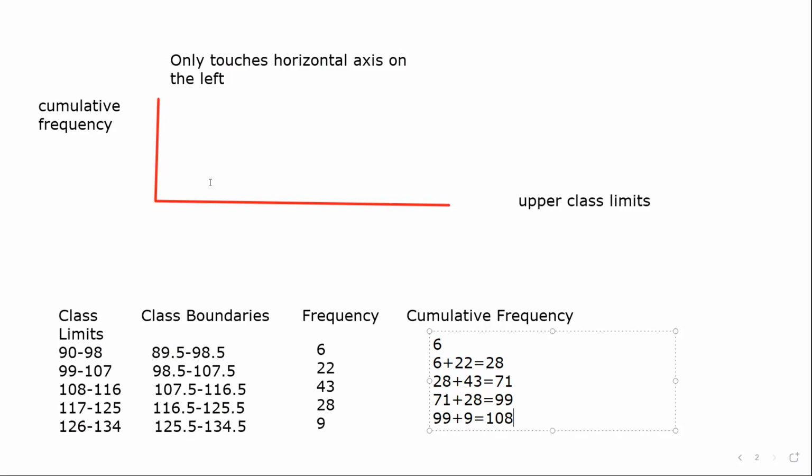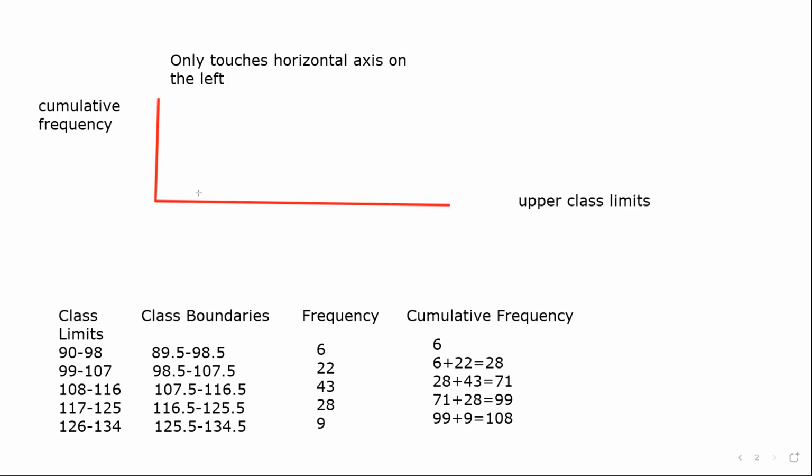Now, how do we draw this thing? Well, this says upper class limits on this axis. So I'm going to go ahead and use the upper class limits here. I've got my first upper class limit, and I'm going to leave myself some space.